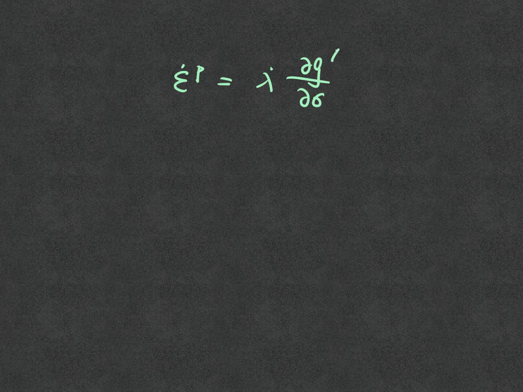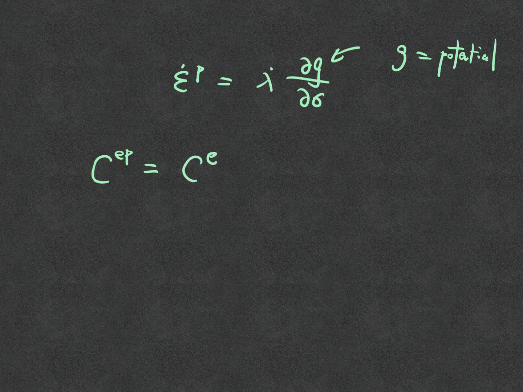Okay, so g is actually equal to a potential. If you want to write the elastoplastic tensor in the spectral form, it would be equal to C^e minus 1 divided by X, which we talked about in the previous lecture.